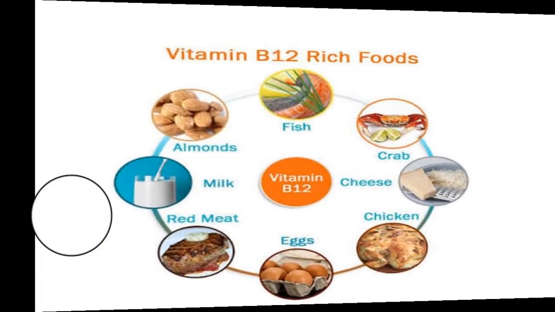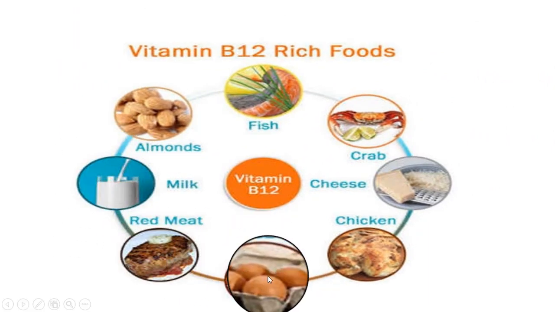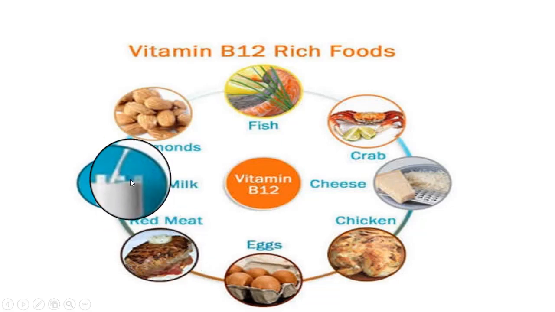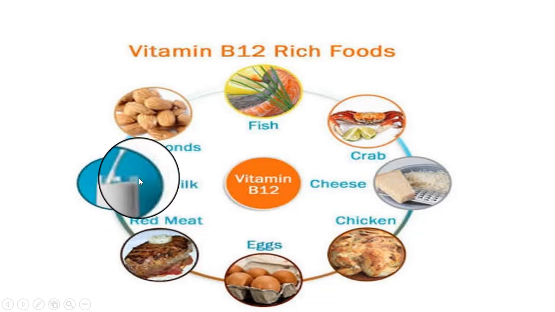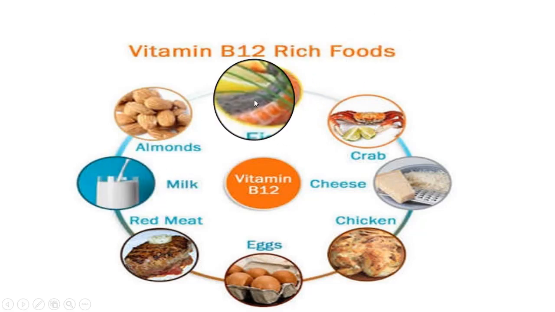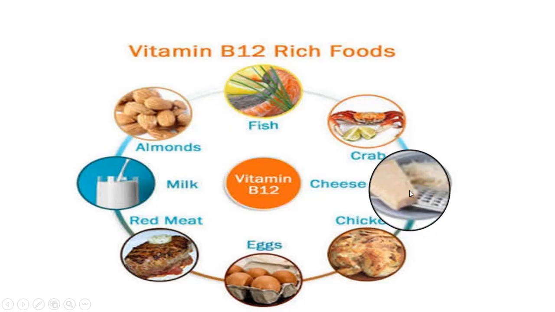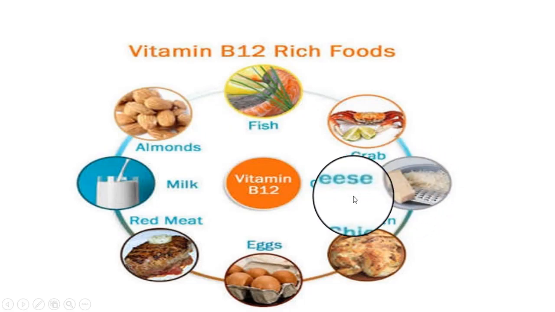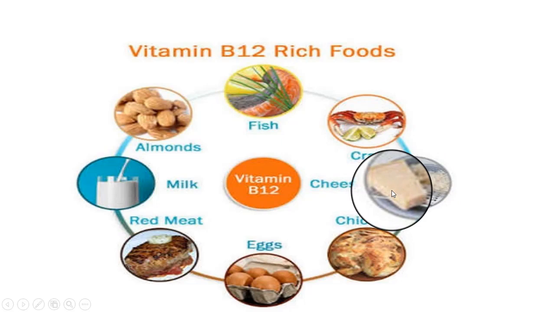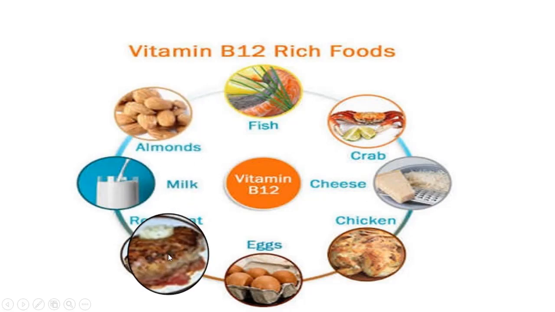The good sources are eggs, animal liver, meat, milk, vegetables and grains, shellfish, various milk products, whether it's cheese or curd, cereals, almonds also, red meat, chicken, crab.